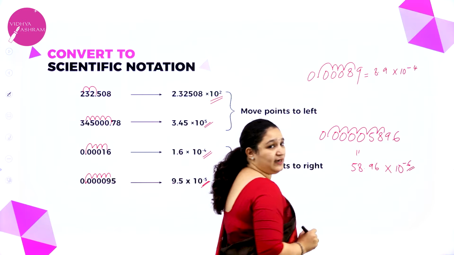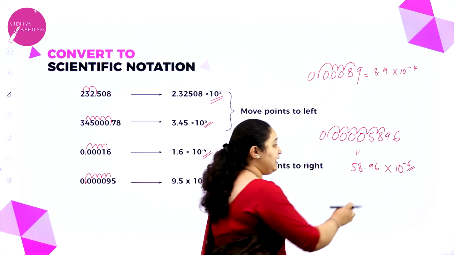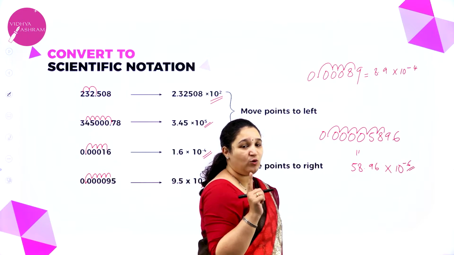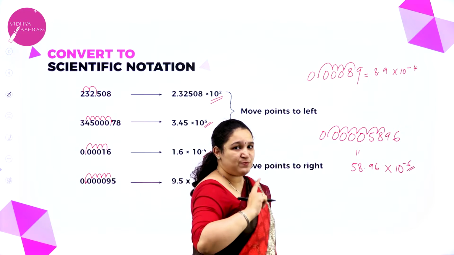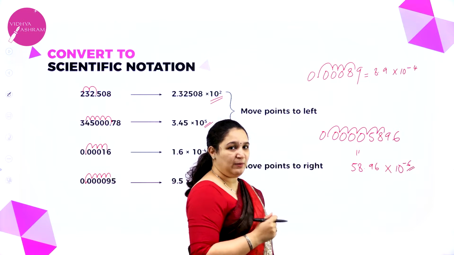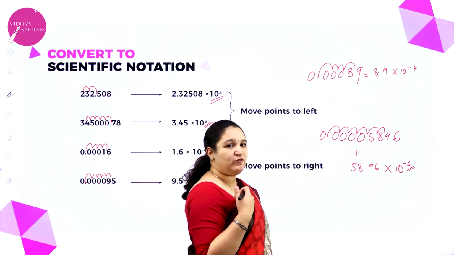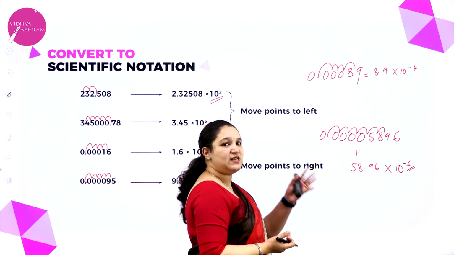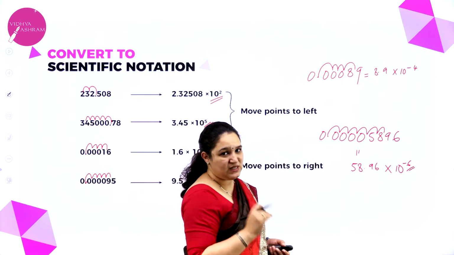I can also write it like this, it will not be wrong, but the exponent should be proper. However many places you are moving, the exponent should be equal to that number. Negative sign you have to put if you are moving to the right and positive sign if you are moving your decimal point towards the left.